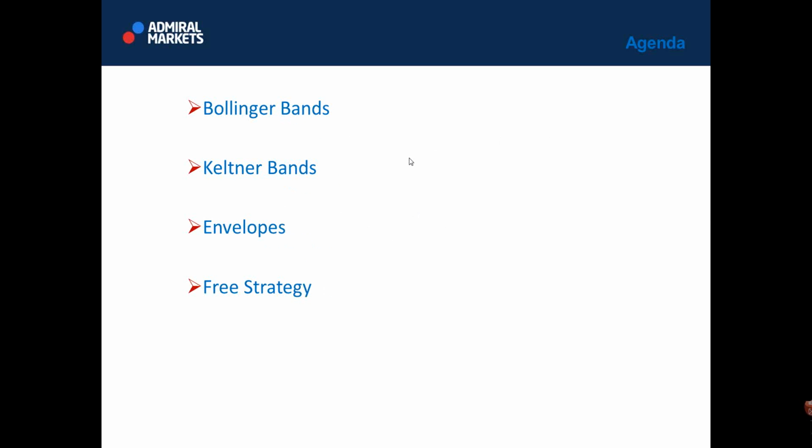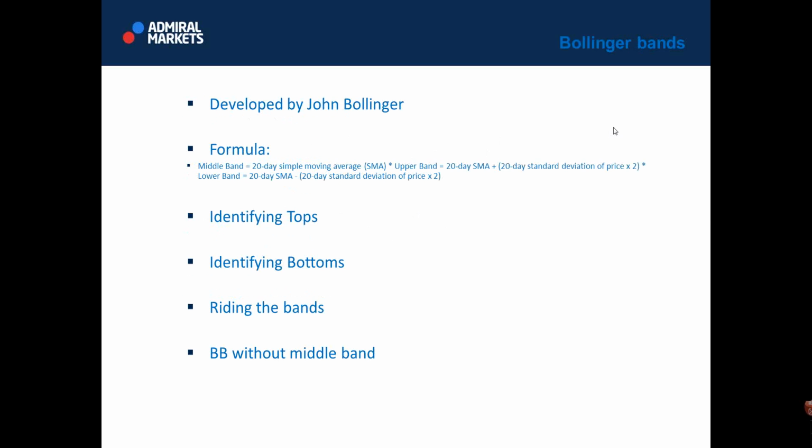It's a scalping strategy. Bollinger Bands are one of the most useful indicators in the Forex world. When John Bollinger made a presentation of the inception of Bollinger Bands, it was a breakthrough in the world of Forex trading.